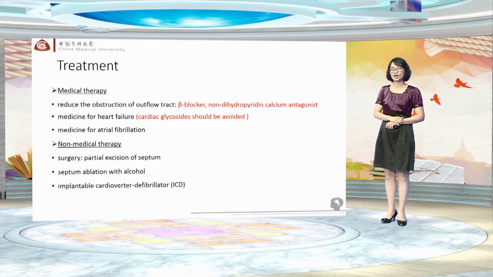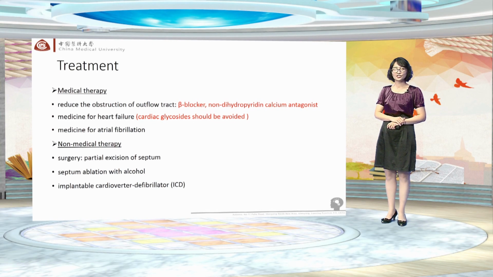Beta blockers and non-dihydropyridine calcium antagonists are generally used to improve diastolic function of the left ventricle, to reduce the obstruction of outflow tract, to reduce heart rate of atrial fibrillation, and to relieve myocardial ischemia. Beta blockers can also decrease the possibility of fatal ventricular arrhythmias.